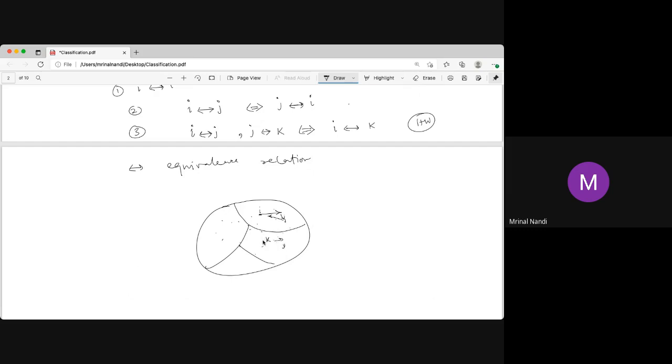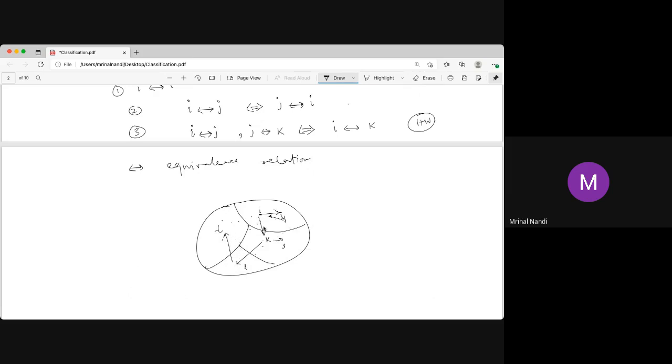But from i to k, we may go from i to k, but we can't go back from k to i. We may go from k to here, l, but we can't come from l to k. Similarly, from l to t we can go, but we can't go from t to l.